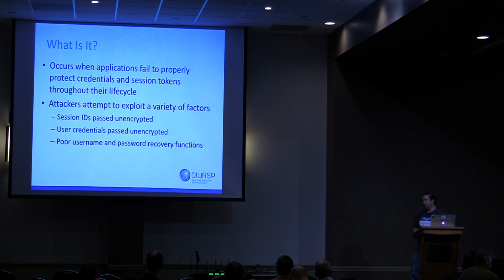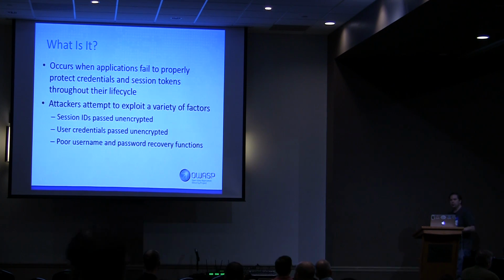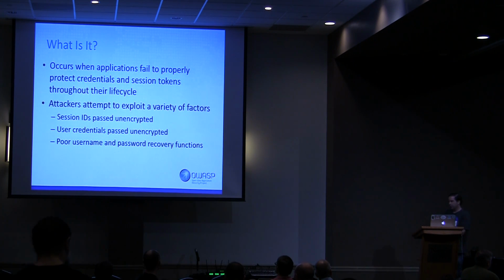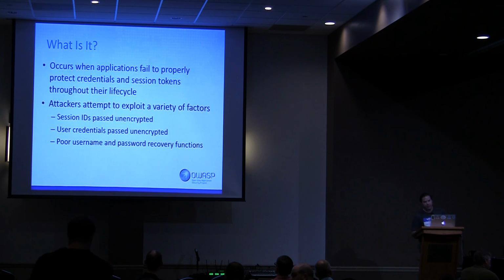The attacker is then able to intercept that and use it to authenticate with the application. It might be user credentials being passed unencrypted. When somebody's logging in, they enter their username and password, again not using HTTPS for transport layer security, and their credentials get passed in clear text over the internet.